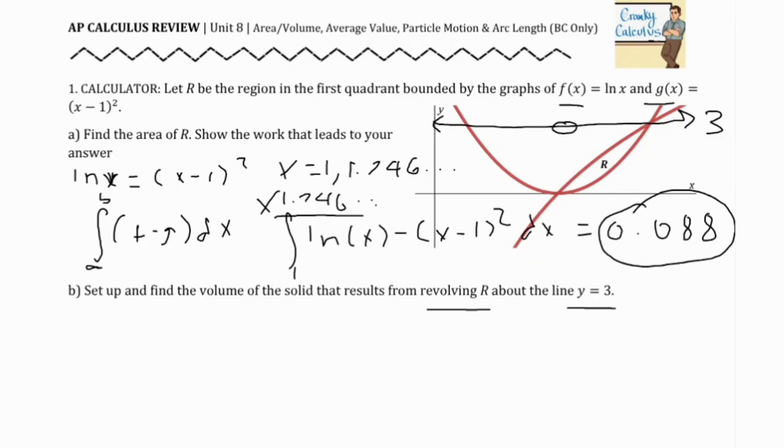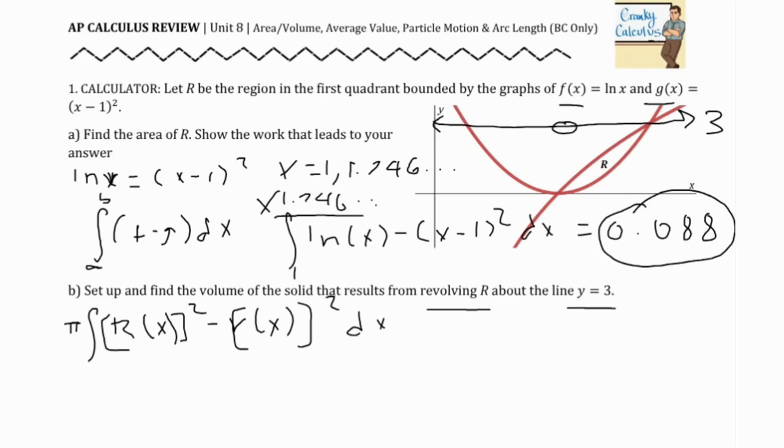The formula for calculating the volume of a washer is pi times the integral of big R of x squared minus small r of x squared dx.